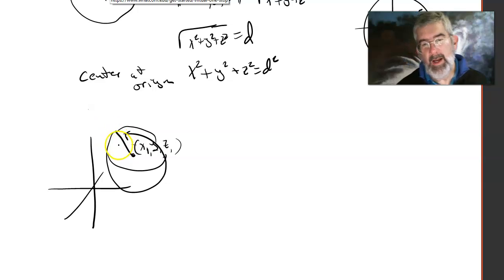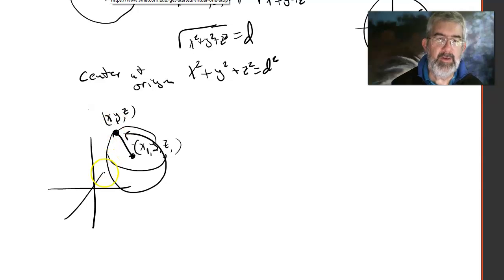Well, I can find the distance between these two points in a very similar way to how I would find the length of a vector. I want to start thinking in terms of vectors. A point on the sphere is going to be the point x, y, z.